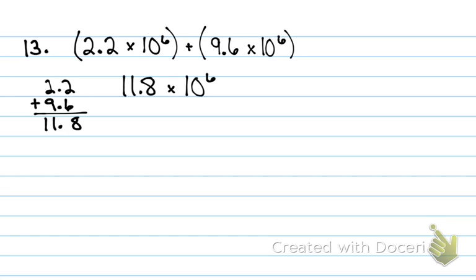Now, is this my final answer? No. Why would I say no? It's more than 10, right? So I can move my decimal left one place, and what happens with my exponent?